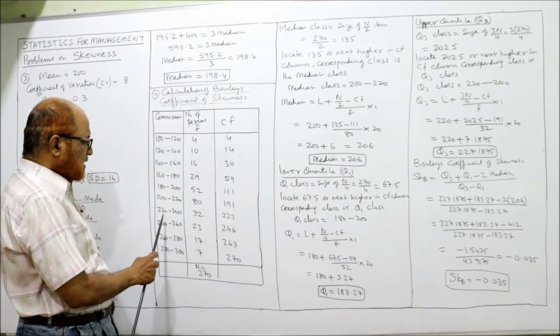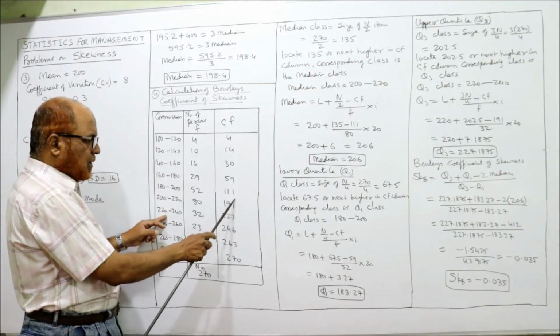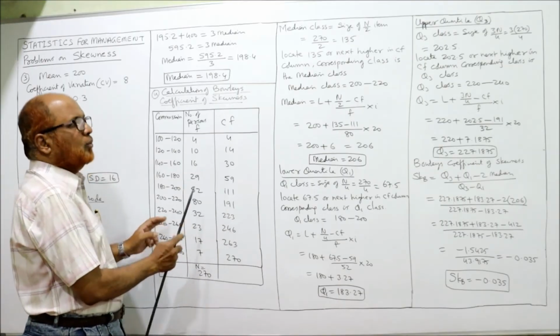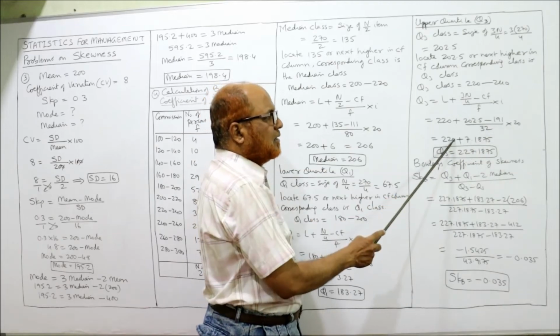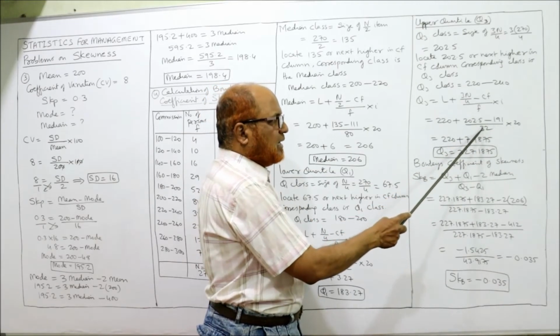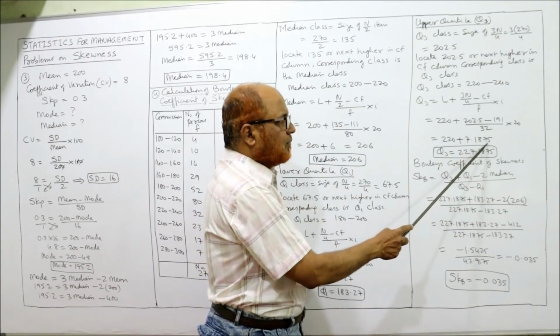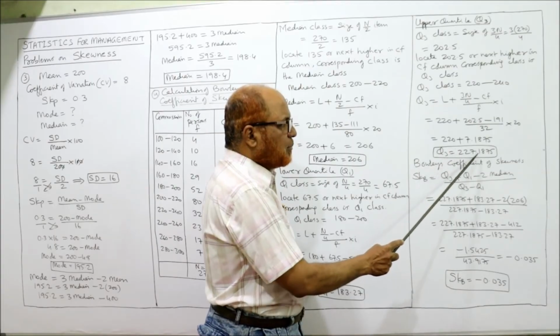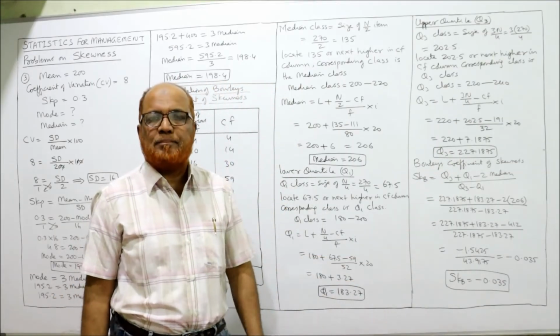Q3 class is 220 to 240, so before this it is 191. So 191 by 32, into 20. So 220 plus (202.5 minus 191) divided by 32 into 20. If you do, you will get 7.1875. Now add up: 227.1875 is the Q3, upper quartile.